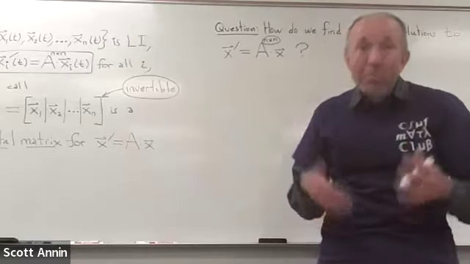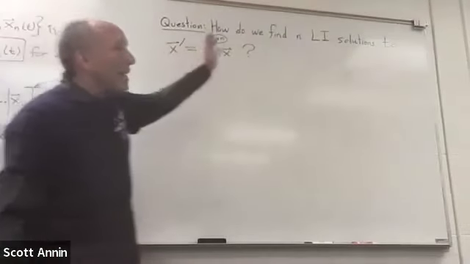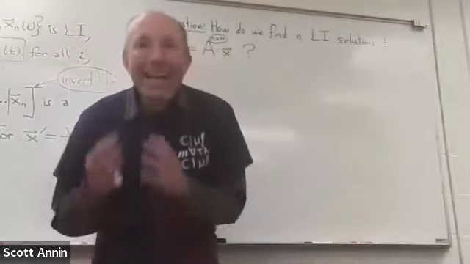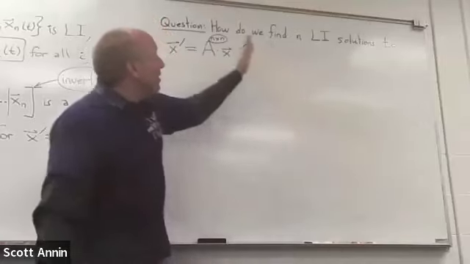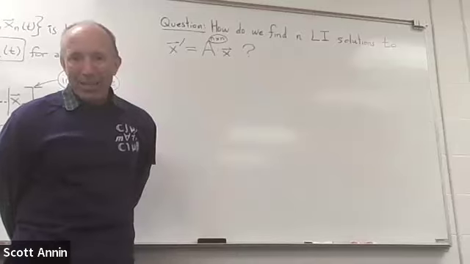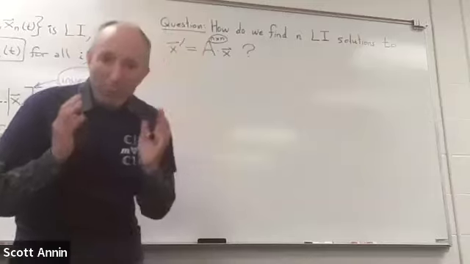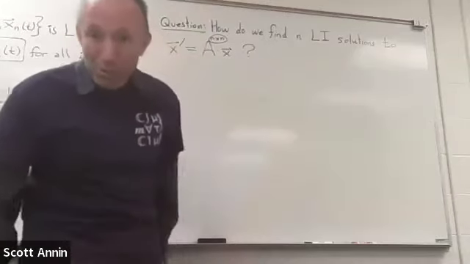That's a big deal. But the question we would then want to answer is, how in the world do we actually come up with n linearly independent solutions to our homogeneous linear system? This is where the rubber hits the road. This is what we really want to know. How do we find these solutions?